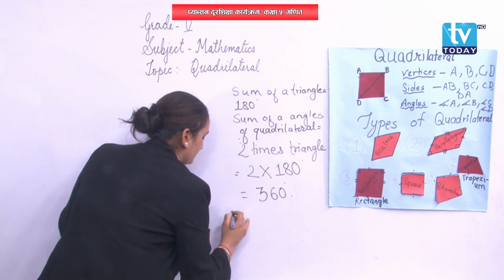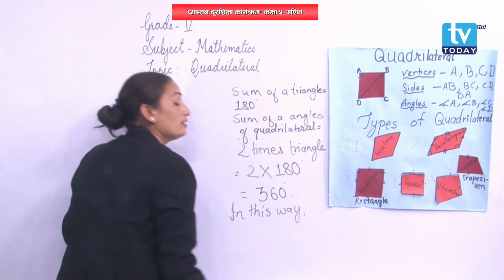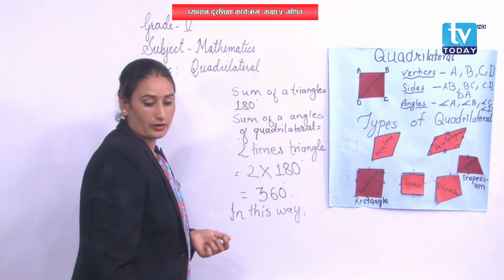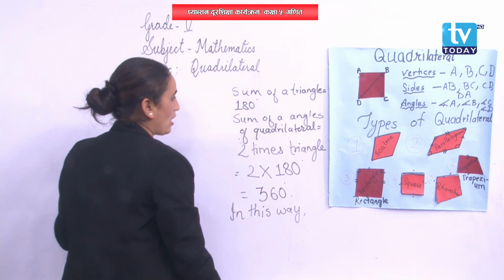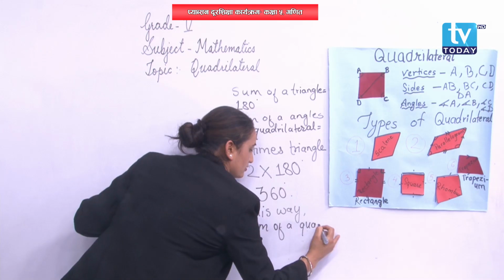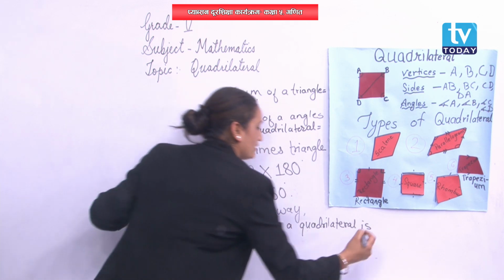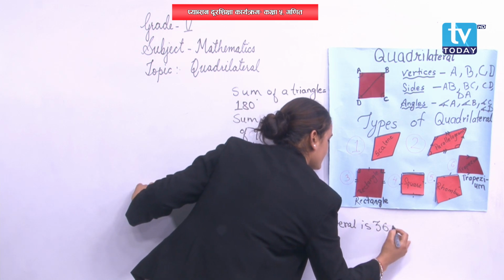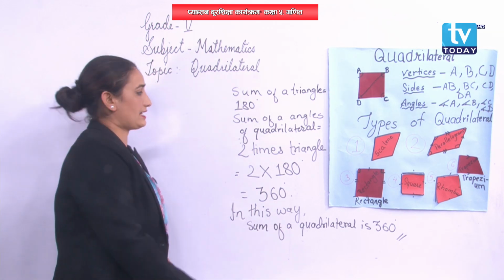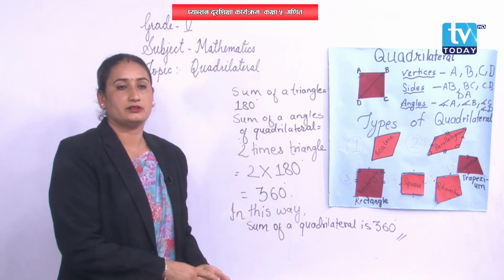So, in this way, we can say that the sum of angles of a quadrilateral is 360 degree. Can we write it like this or not? Yes. Okay students, I hope you understand it well.